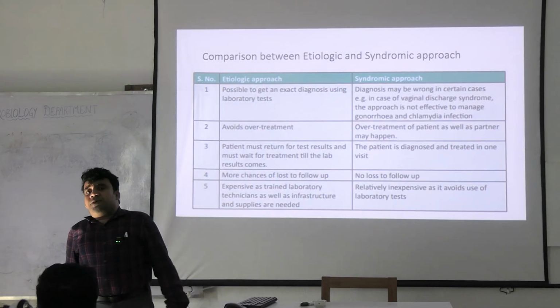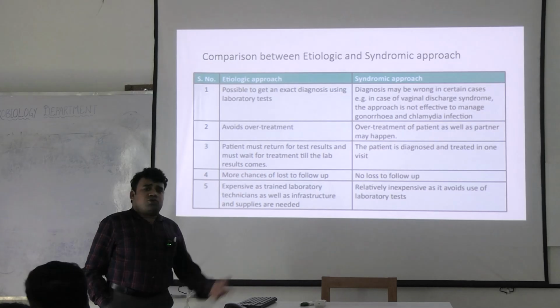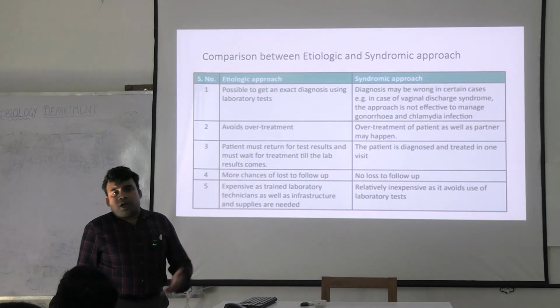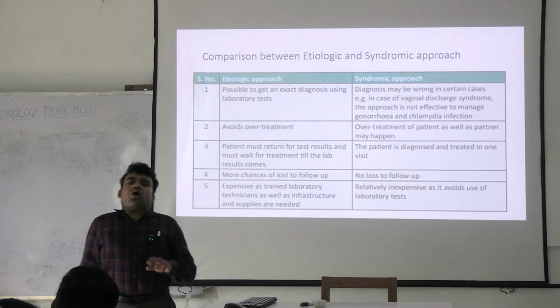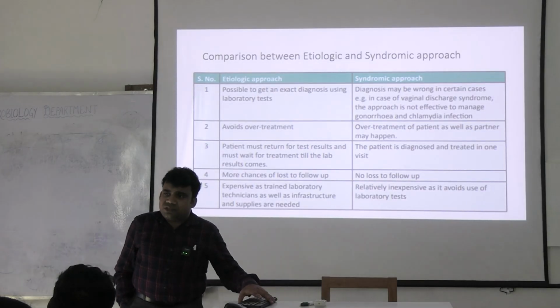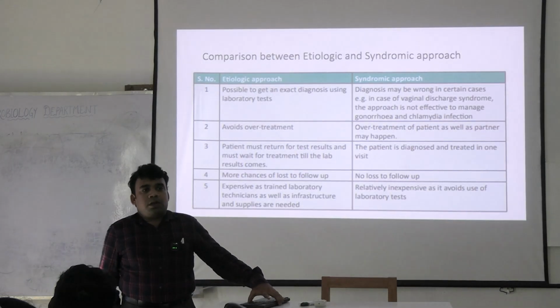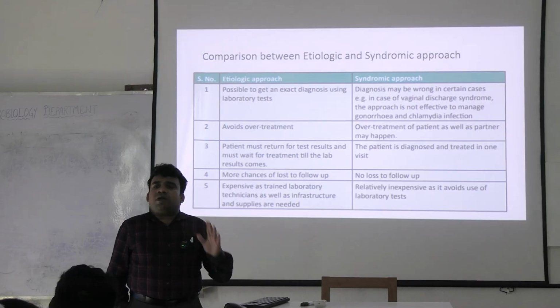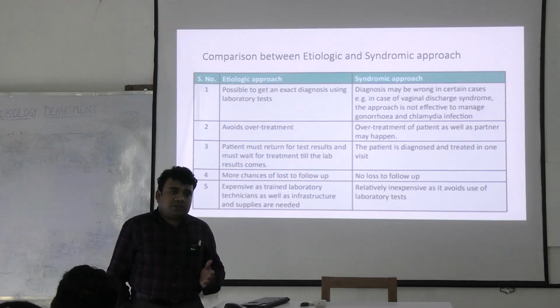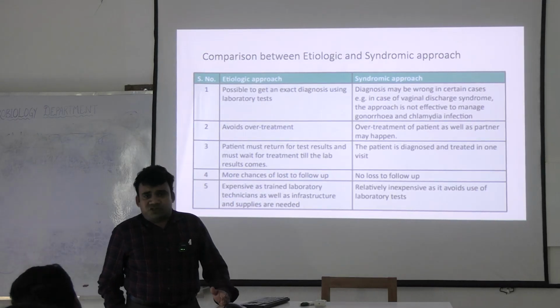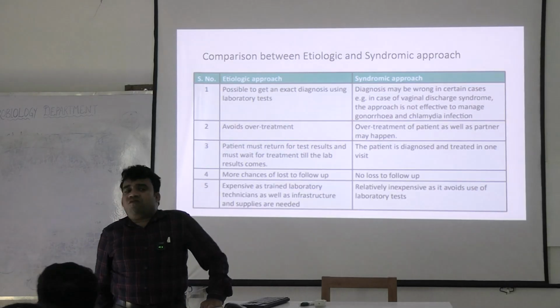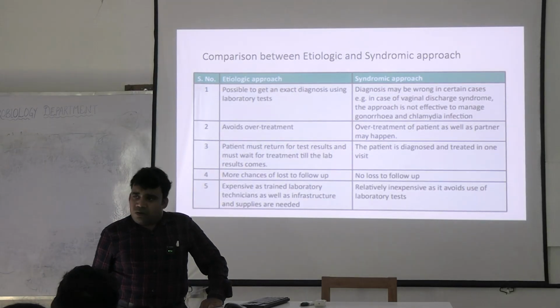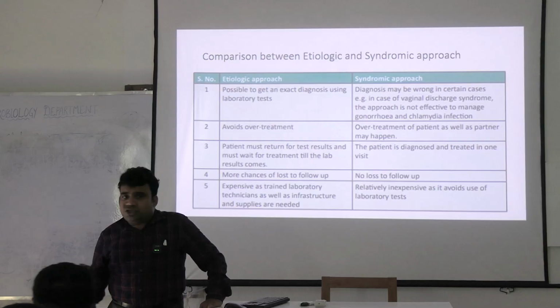Now, another important question when we are learning about the syndromic approach is why we should take this approach. Because in all other types of infections that have been taught to you, what was our approach? After taking the history and clinical examination, we form a provisional diagnosis, along with some different differentials.